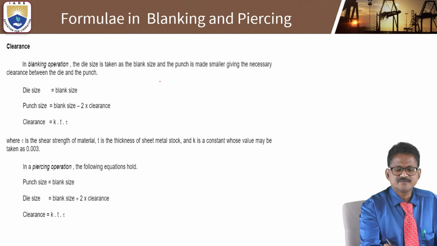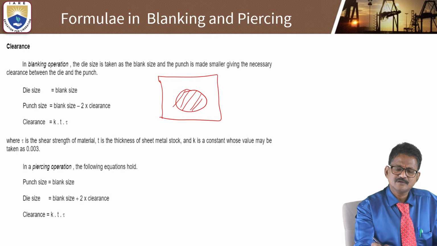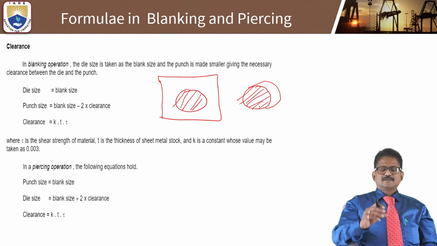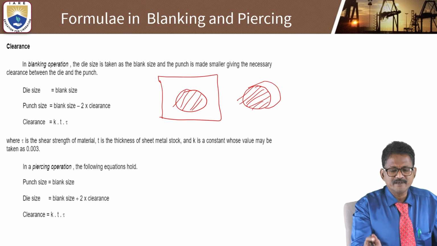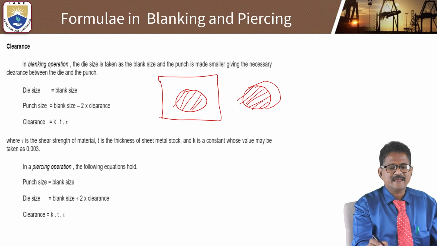For example, the punched out part is called the blank. For that punched out part, the blank size is nothing but the die size. Whatever the die size is, it is equal to the blank size.